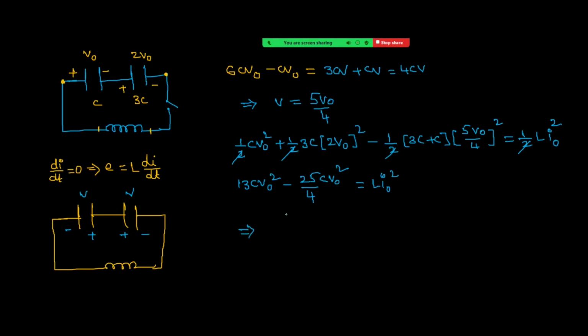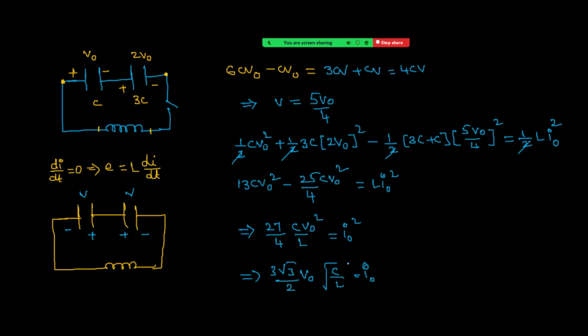Then see what we are going to get. 13 fours 52. 52 minus 25, 27. 27 by 4 C V naught square by L is equal to I naught square. Right? That means it is 3 root 3 by 2 V naught root of C by L. That is the maximum current.